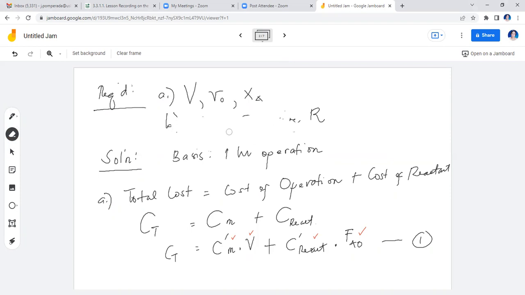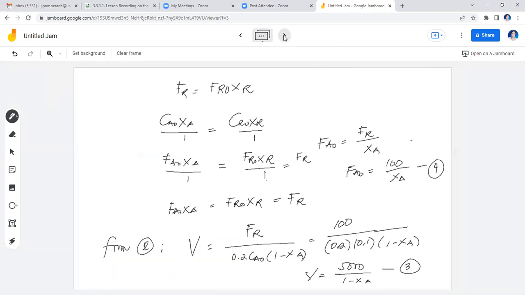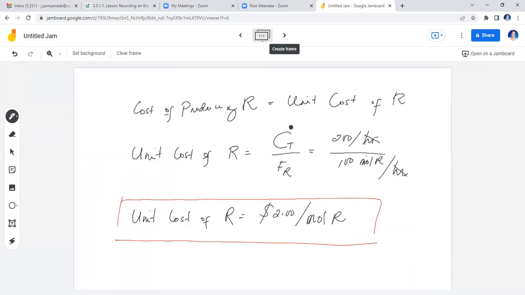Unit cost of R. Because if it's the cost of producing R, this would be the C sub T. The unit cost of R. So that's the reason why we have this as our answer for letter B, though you don't get this until you determine first the cost of producing R per hour.